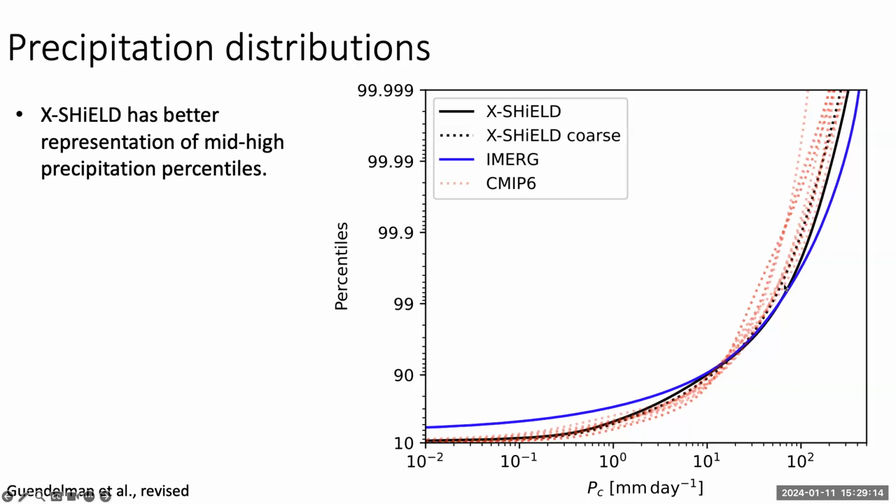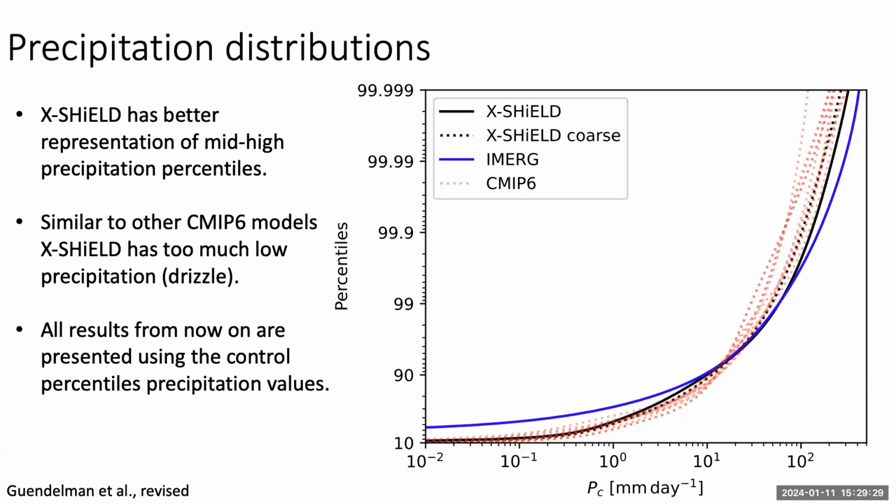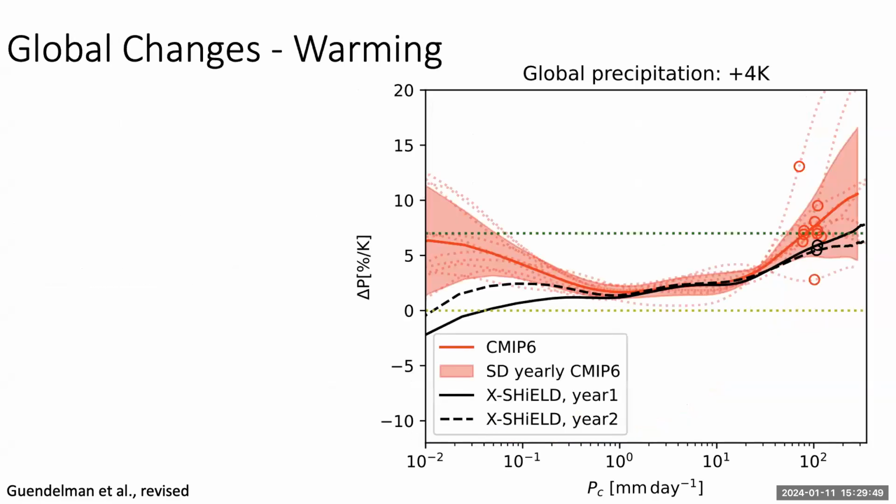When we coarsen X-Shield's distribution, it starts to look more like a CMIP6 model. We are going to work with a coarsened output, but I'm not showing it here now, but the response to warming is very similar if I'm considering the native and coarse resolution, so it's fine in that term.